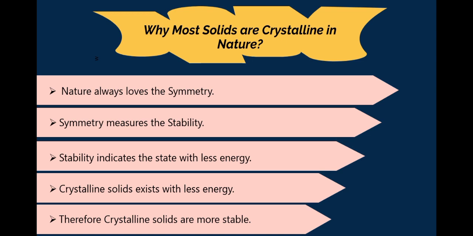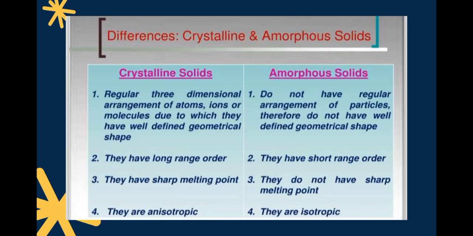Okay, so now we have the differences between crystalline and amorphous solids. Crystalline solids have a regular three-dimensional arrangement of atoms, ions, or molecules, due to which they have a well-defined geometrical shape. While amorphous solids do not have a regular arrangement of particles, therefore they do not have a well-defined geometrical shape.